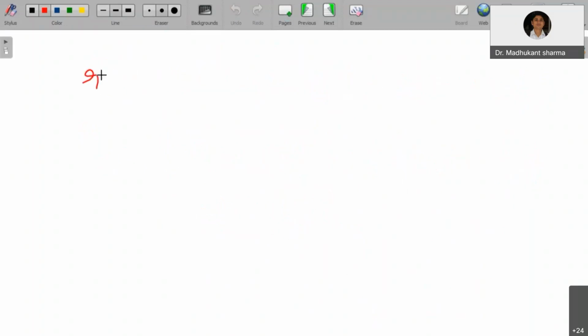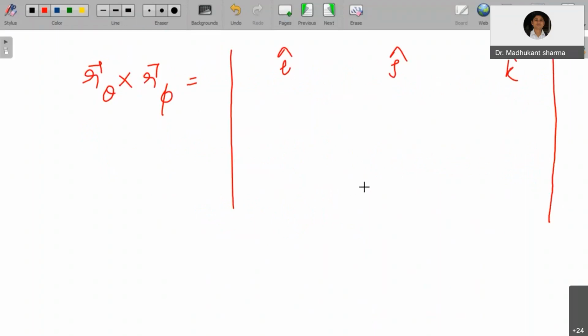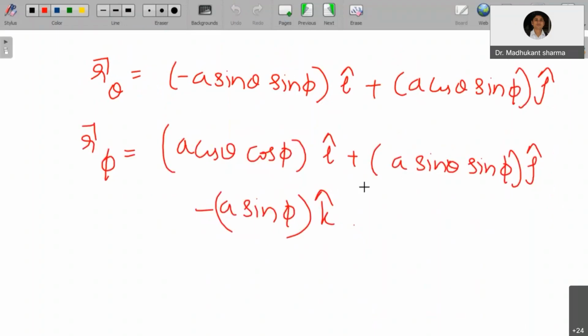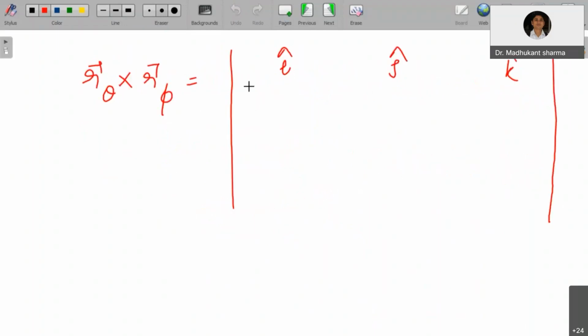Now you have to find their cross product. So r theta cross r phi equals, it's a long expression. r theta is minus a sine theta sine phi, a cos theta sine phi, and this is 0.